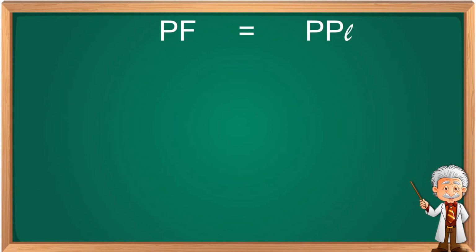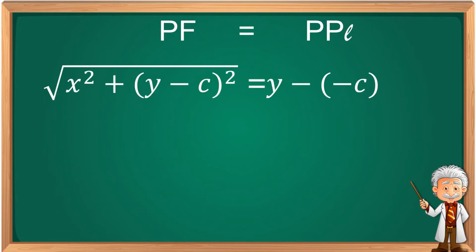We are trying to prove if line PF is equal to or equidistant to PP'. So, from the distance formula, we have the square root of x squared plus the quantity y minus c squared equals y minus negative c.